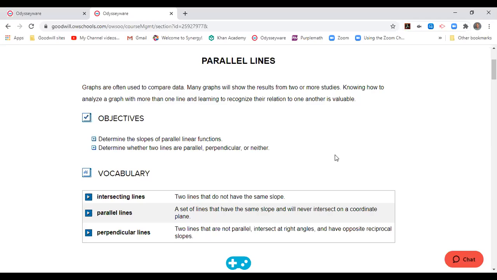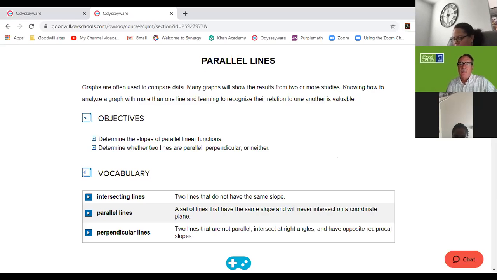Now, perpendicular lines are a special kind of intersecting line. You guys know the term perpendicular? Anybody know perpendicular?